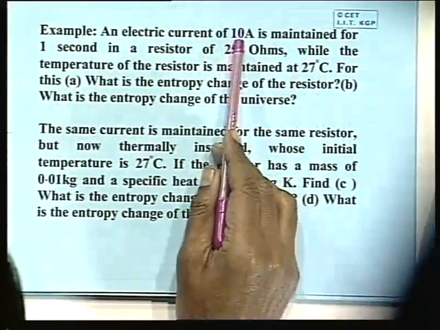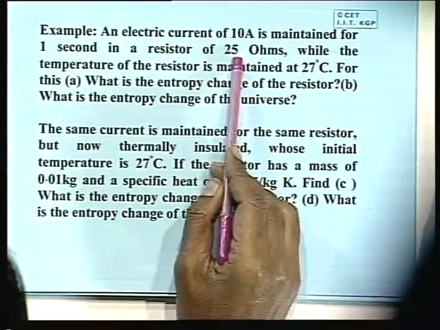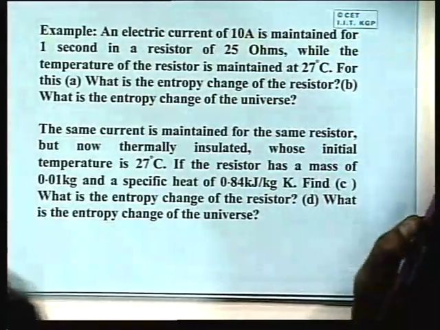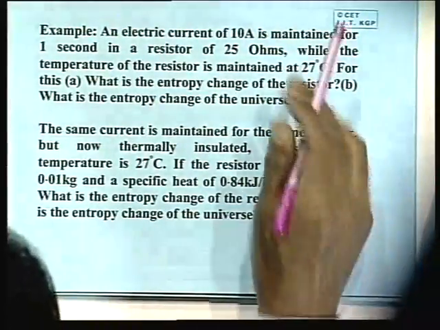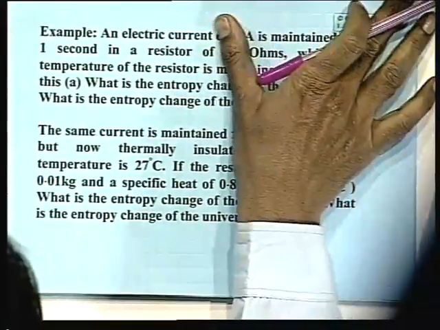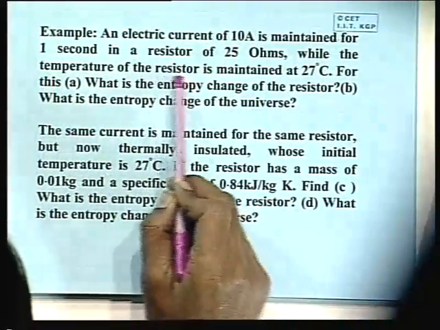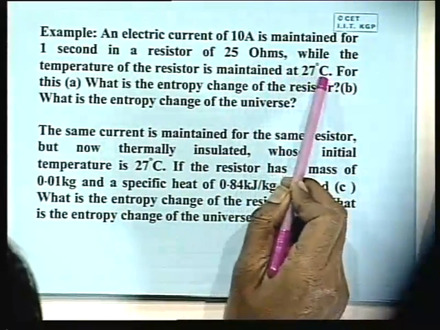When an electric current is passed through a resistor which has some resistance, heat is generated. I will not say that heat is generated, because you know heat is an energy which comes in transit. Its internal energy is increased, so its temperature should increase. But the temperature of the resistor is maintained at 27 degrees Celsius in this problem.